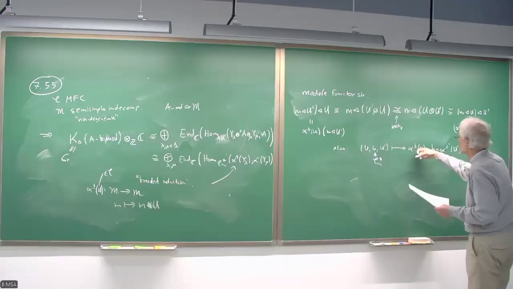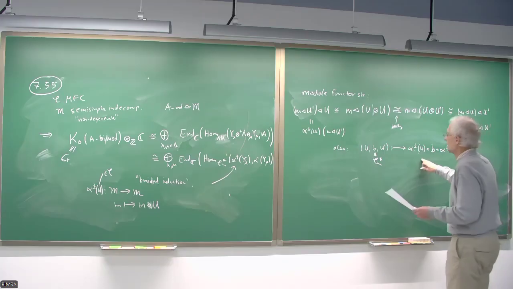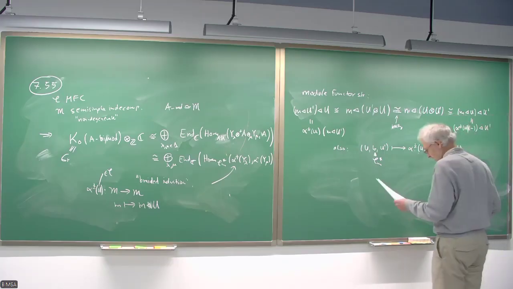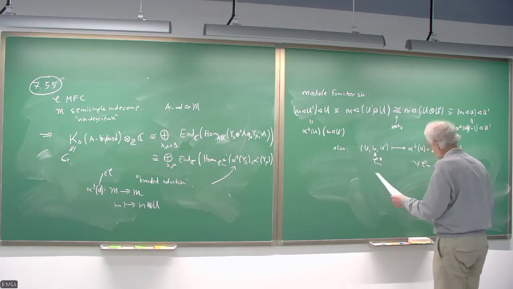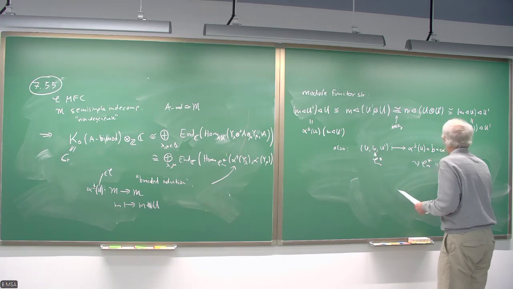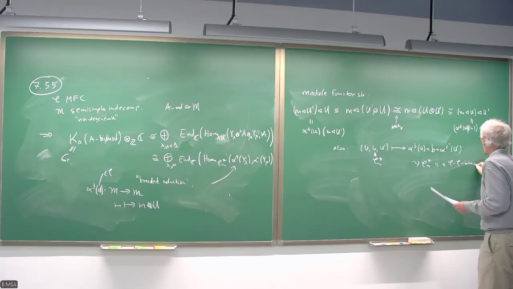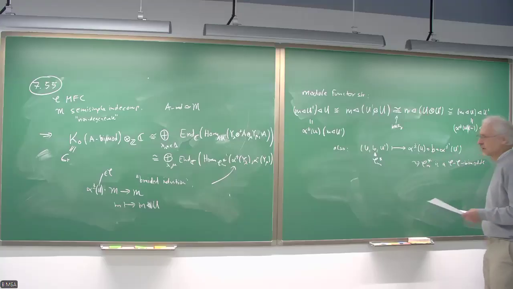So here some choice of plus minus, and here some possibly different choice. Then via these four different maps, CM star becomes actually CM.